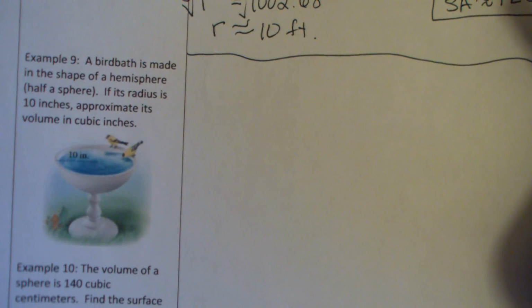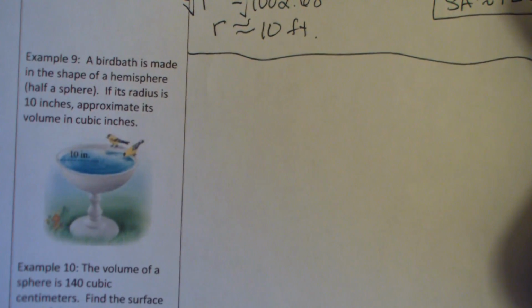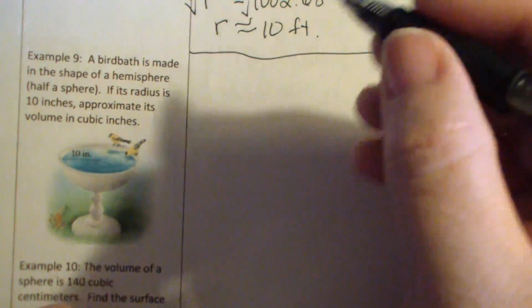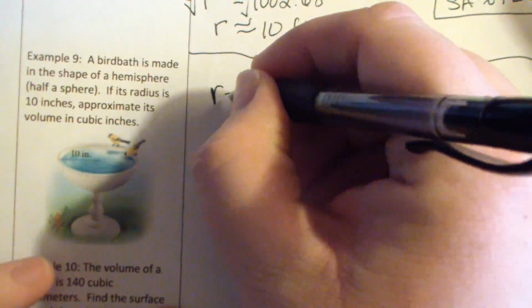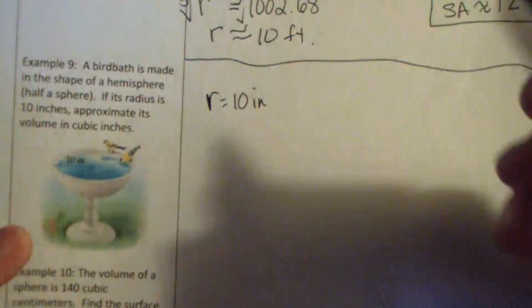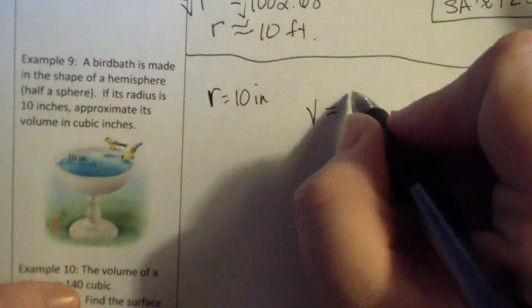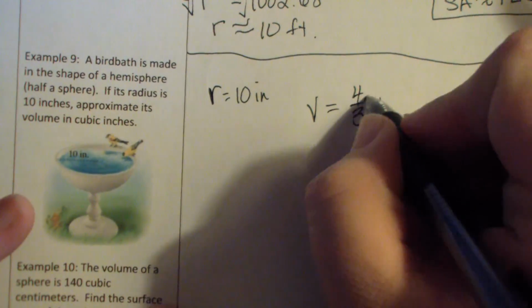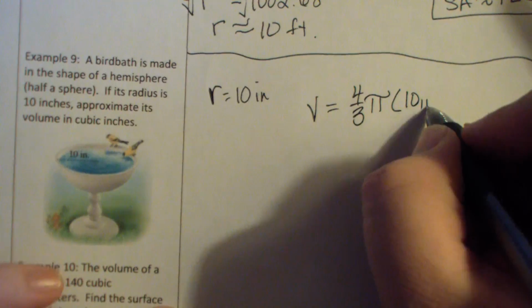Example 9. A bird bath is made in the shape of a hemisphere, which is half a sphere. If its radius is 10 inches, approximate its volume in cubic inches. We're going to figure out what the volume is and then cut it in half because it's half of the sphere. So we've got a radius of 10 inches. Volume would be 4/3 pi times 10 inches cubed.